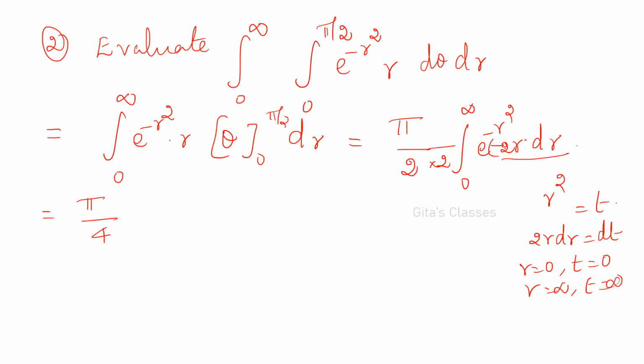So you will have one minus also. Here you can multiply by one minus, and here also, minus both sides. So minus into minus, it will become plus. So minus pi by 4, I am taking minus pi by 4 outside, so that integral 0 to infinity e power minus r squared, so e power minus t into 2r dr will become dt.